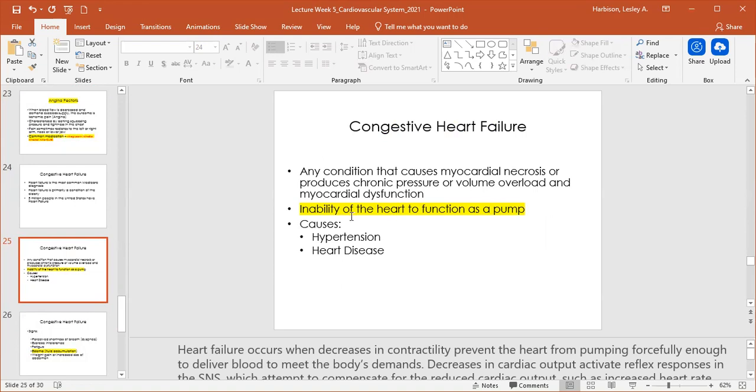It's an inability of the heart to function well as a pump. I highlight that because a simple way of thinking about congestive heart failure is the inability of the heart to function as a pump. Causes can include hypertension, heart disease, atherosclerosis, and that sort of thing.